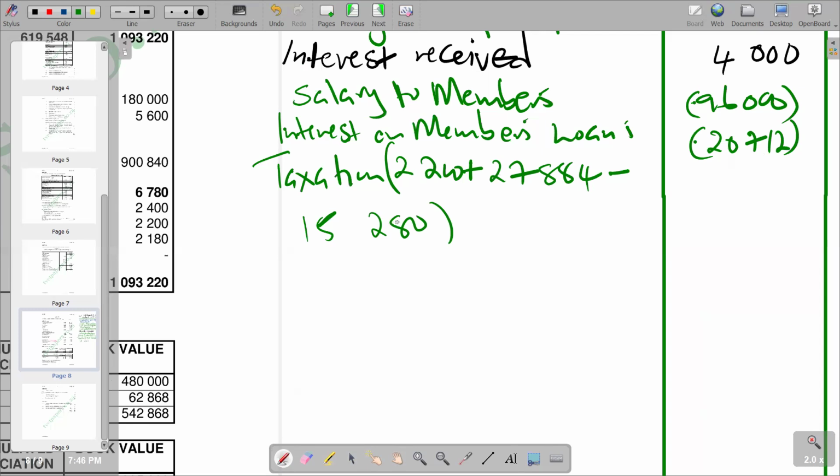You are going to get 14,804. This is an outflow again because we are paying, so we show it as a negative.